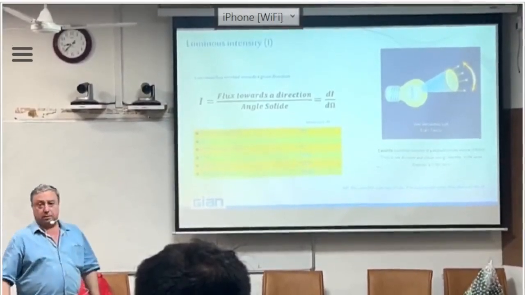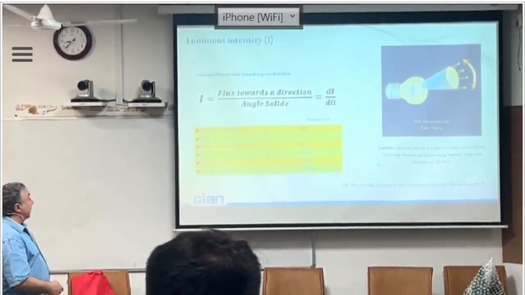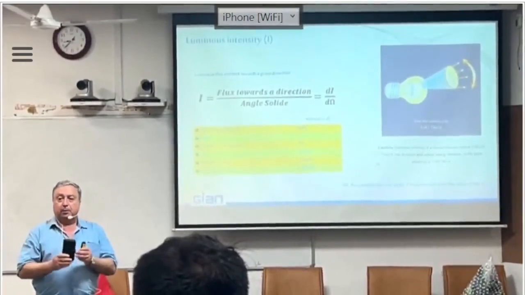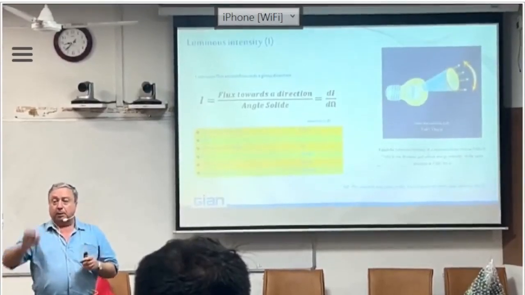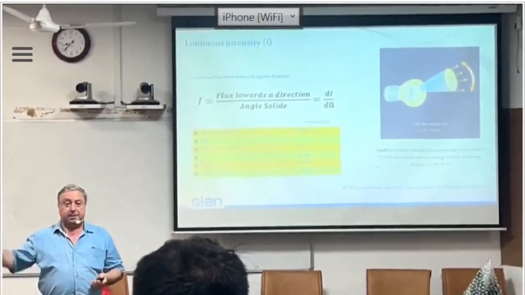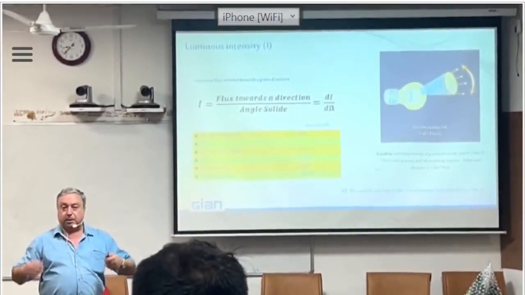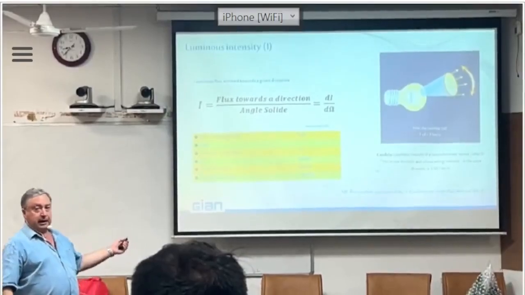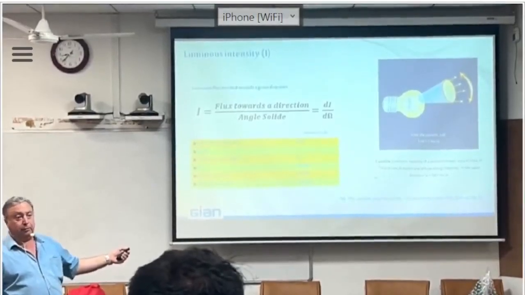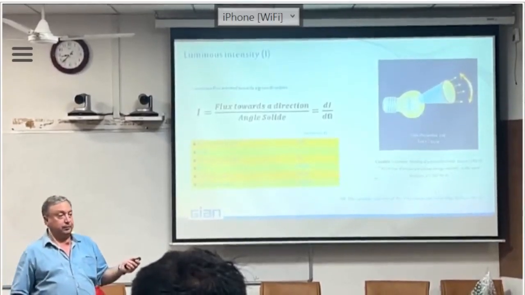A lighthouse for marine use, 3,000 candelas, and a flash tube, even the flash of your mobile phone when you take a photo, instantaneously can reach 1 million candelas. The sun is 1 billion candelas, at least 3 orders of magnitude higher than what we have here. This is why if you look at the sun for a long time, you may be blind even for the rest of your life.